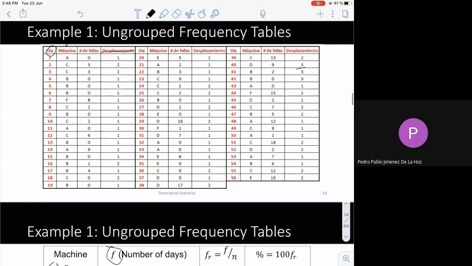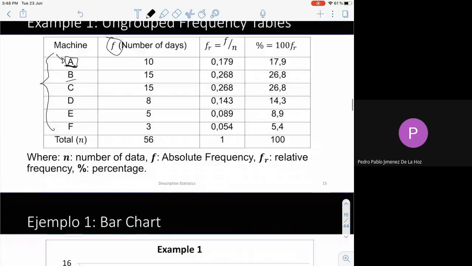Here's one time. Here we have the second time, third time. Please let me know if I'm missing any. Fourth time, fifth time, sixth time, seventh time, eighth time, ninth time, tenth time. So I found 10 times. That's why the number of days here is 10.